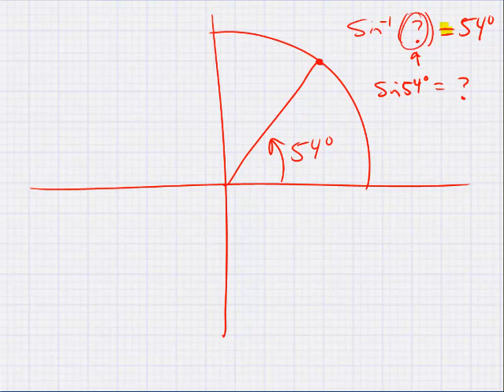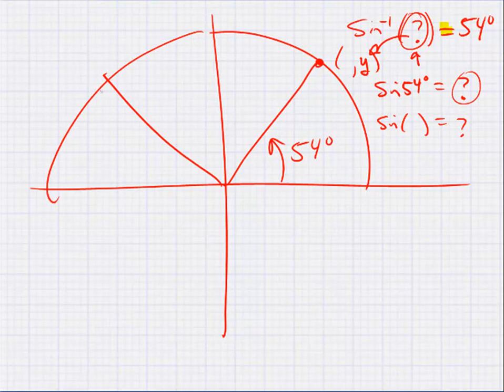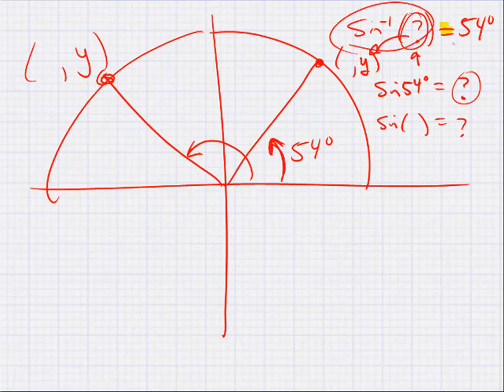But I could take the sine of another angle and get that same something, because that something is really the y coordinate here. And this angle over here has that same exact y coordinate. So the sine of this angle should be the same as the sine of this angle. However, the inverse sine only gives me one of them, but I need two of them because I need the two triangles.